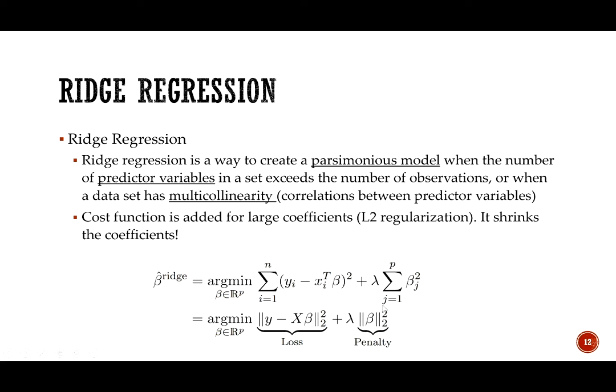Then you see the second term that we call L2 regularization. So it's added for large coefficients. So now you can see lambda times the summation of beta squared. So in other words, this term shrinks the coefficients. And that's why we say this regression model generates parsimonious models and can handle multicollinearity in data.